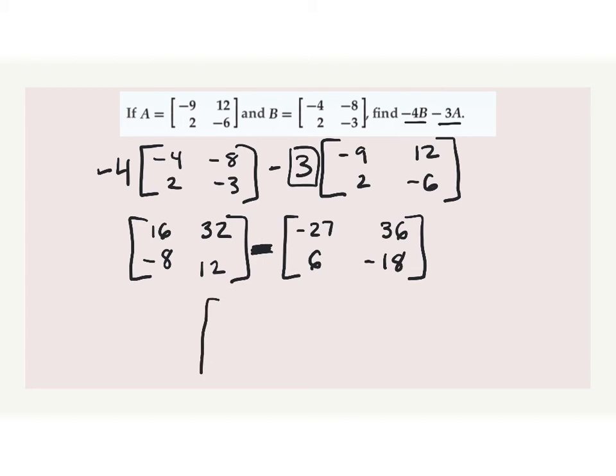Can I subtract these two? Yep, remember they have to be the same size in order to subtract. What am I going to subtract first? So 16 minus negative 27, which would be what?